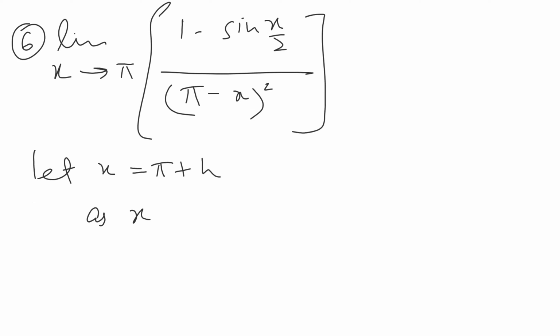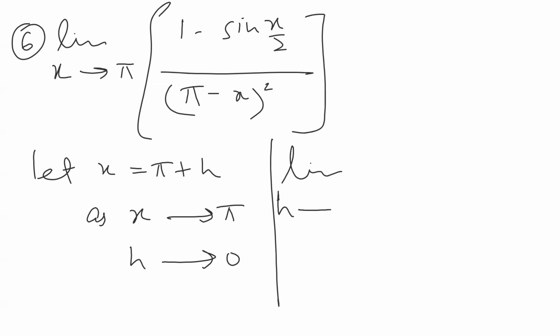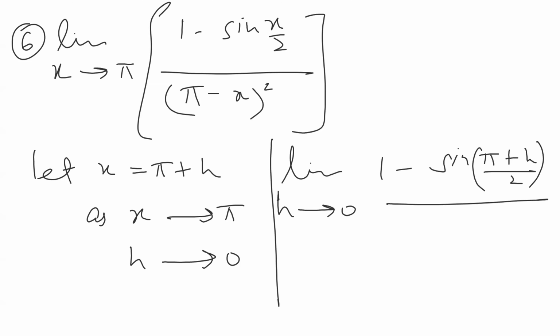As x approaches pi, h will approach 0. When x becomes pi, pi will get cancelled. h will approach 0. Fine. So wherever there is x, let's put pi plus h: sine of (pi plus h) upon 2, times (pi minus (pi plus h)), put a round bracket and then put a square to it.